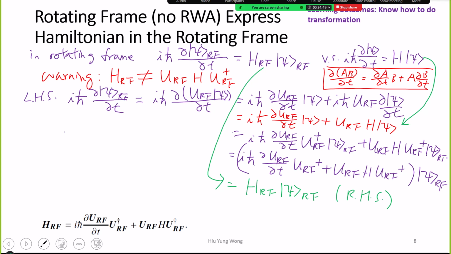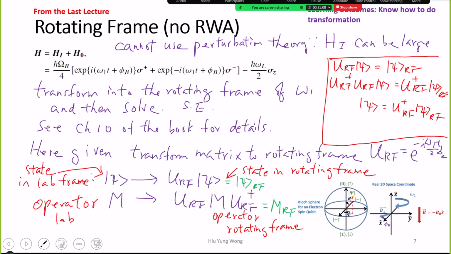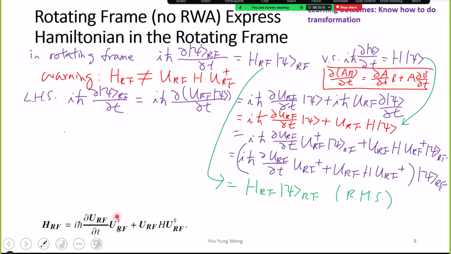This is something new. But this skill is important. Or more importantly is the awareness of how to transform the Schrodinger equation into a rotating frame, and understand what he just asked, why URF is time dependent. It is given as time dependent, then you have this term. Any questions?